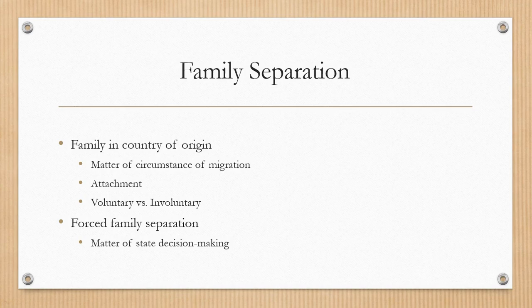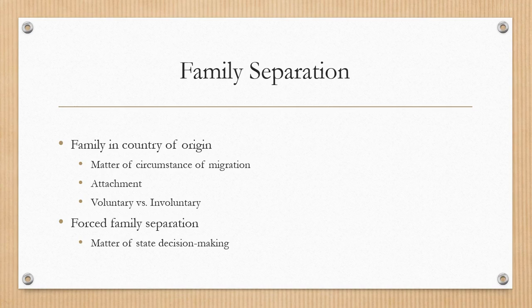But there is a sense that this is a voluntary process, at least for the person who has migrated or who has left, and generally implies that there has been a family decision-making process involved in the decision to have left one's country of origin. This is very different from when there are circumstances that look at forced migration, where the departure is involuntary.